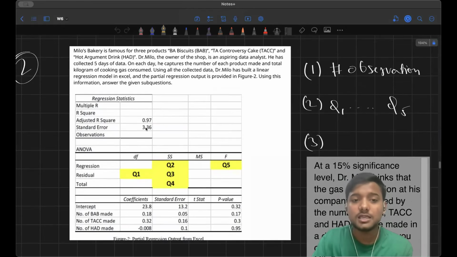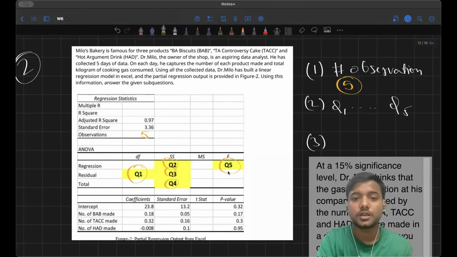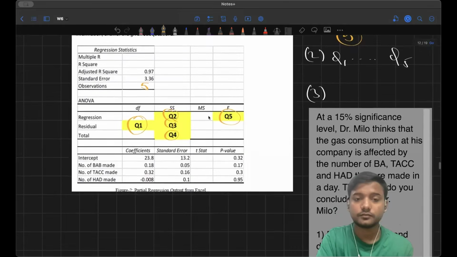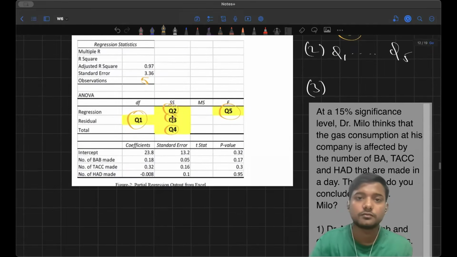That means he has 5 sample points. So the number of observations is going to be 5. Now the second question, or rather the upcoming 5 sub-questions, were that you were supposed to find q1, q2, q3, q4, and q5. Okay, so let's see how we can do this. Let me use the eraser.